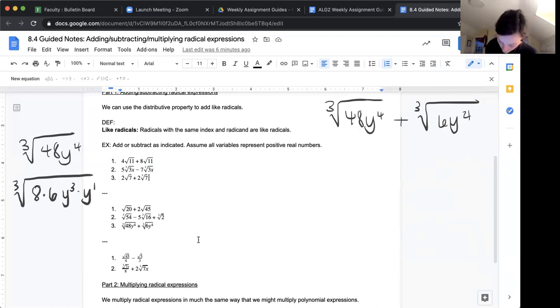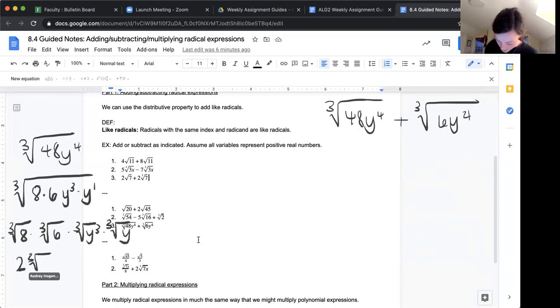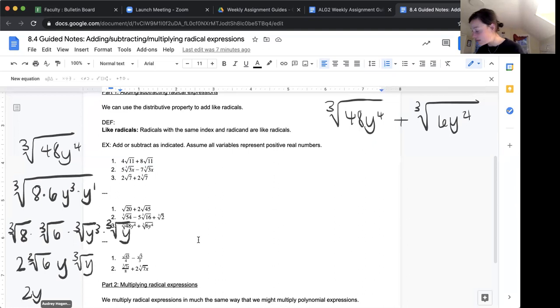So then I have the cube root of 8 times the cube root of 6 times the cube root of y cubed times the cube root of y. The cube root of 8 is 2. The cube root of 6 does not simplify. The cube root of y cubed is y, and the cube root of y does not simplify. So I could rewrite this as 2y times the cube root of 6y.